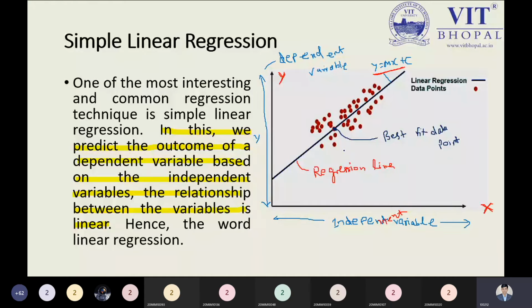Let us understand all these things with the help of some other example, some other diagram. Everything will be clear with an example. But in this graph, the independent variables are used to predict some values, and those values are recognized by the dependent variables. So we can say dependent variables are dependent on the independent variable.